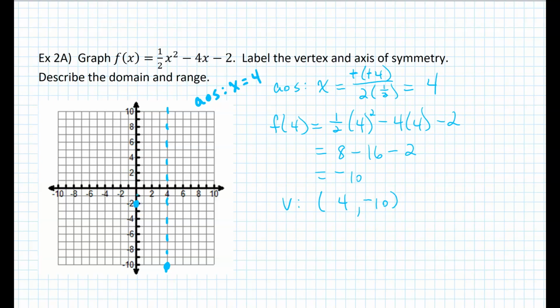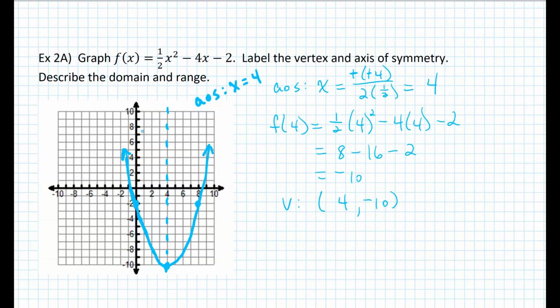Using the symmetry, what other point will I have? 8, -2, exactly. Let me see if I can curve this without it looking too pointed. When you plug in 8 for x, the y will be -2 as well? Yes, but again, it's a parabola and it's symmetric, so we're just using the symmetry rather than spending time solving.